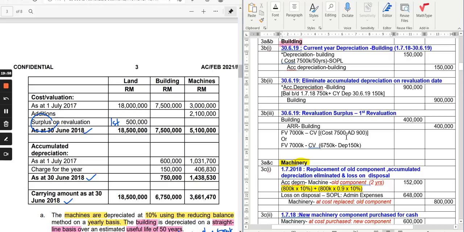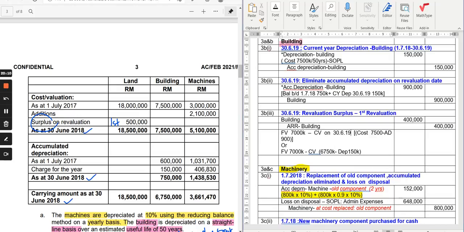This is because you want to find the carrying value on the revaluation date, which is the 30th of June 19. So that would be the figure there, 7.5 million minus accumulated depreciation 900.